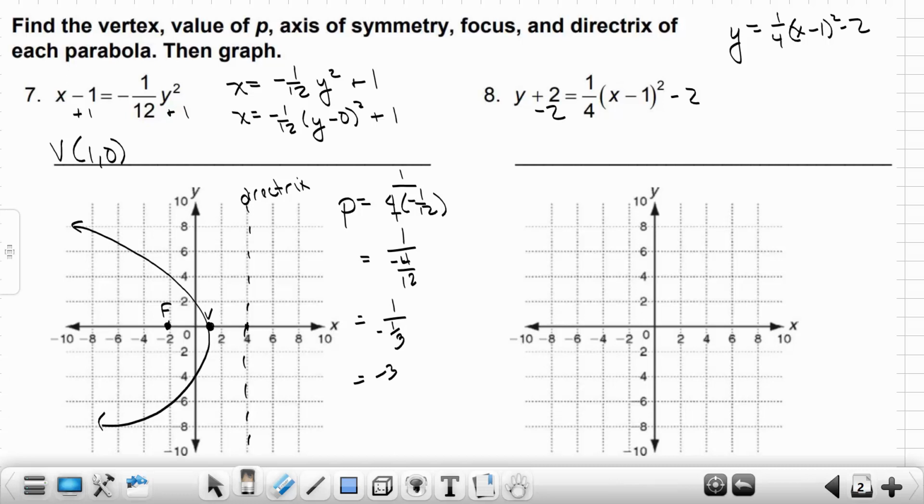All right, guys. That's enough time. So we should have gotten our vertex is at 1, -2. Oh, because it's inside the parentheses, so it's just opposite. Yes.